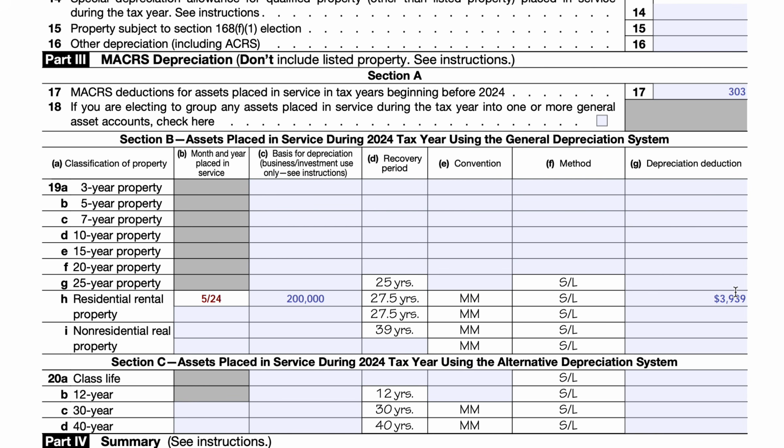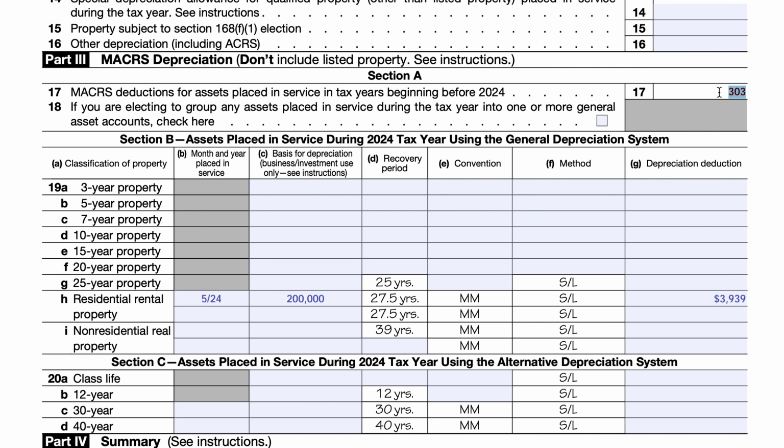So that would be the mid-month convention for May. And you can use that table in the form instructions. We've also got each of those tables for mid-month, mid-quarter, and half-year convention. You can follow that guidance in our article if you need step-by-step guidance. So again, once you get the depreciation calculated for the year placed into service, you would then have enough information to determine the full amount of depreciation, which will go up here into line 17 in subsequent tax years.